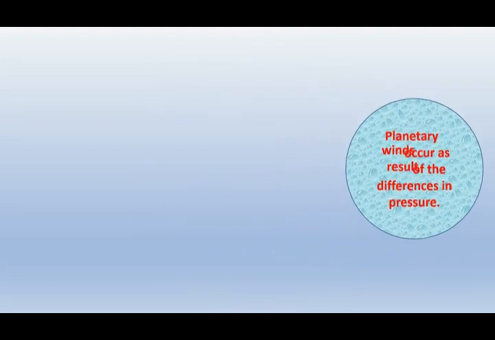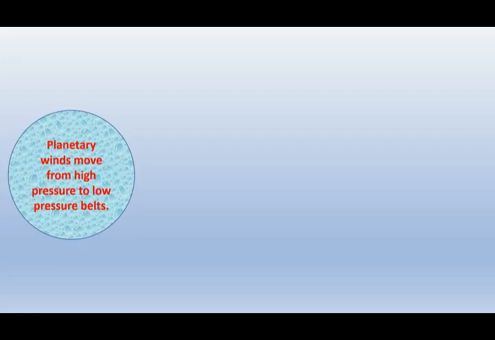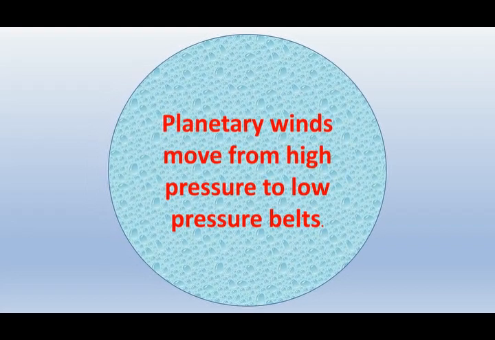Planetary winds occur as a result of the differences in pressure. Another important fact about planetary winds is that they move from high pressure to low pressure belts.